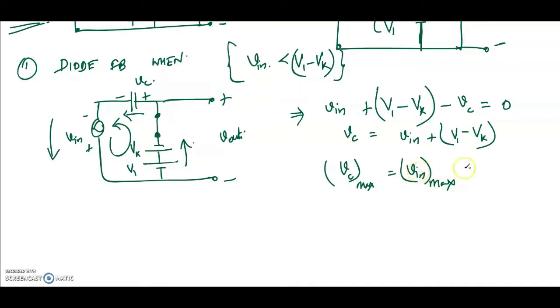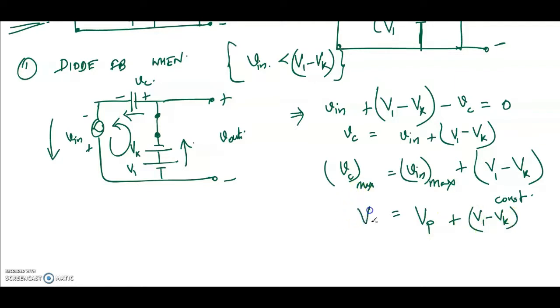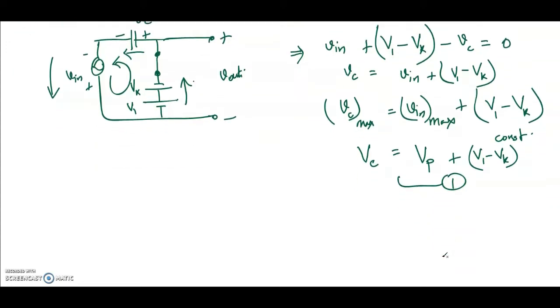So right hand side maximum is Vin max plus the maximum value of V1 minus Vk, which is itself, since it is constant. What is the value of Vin max? Vin max is Vp, let's say, plus V1 minus Vk remains as such. And Vc max, let me call it capital Vc. This is the first equation of importance in our working.